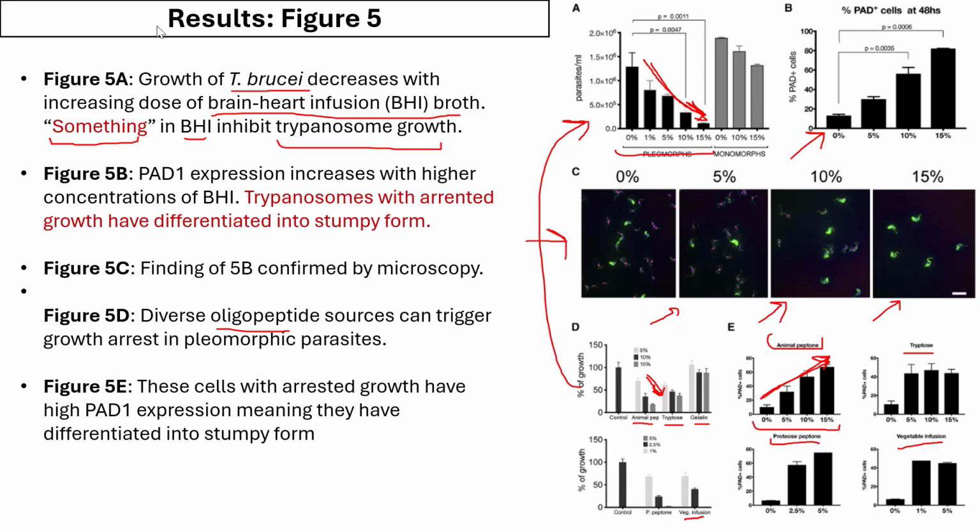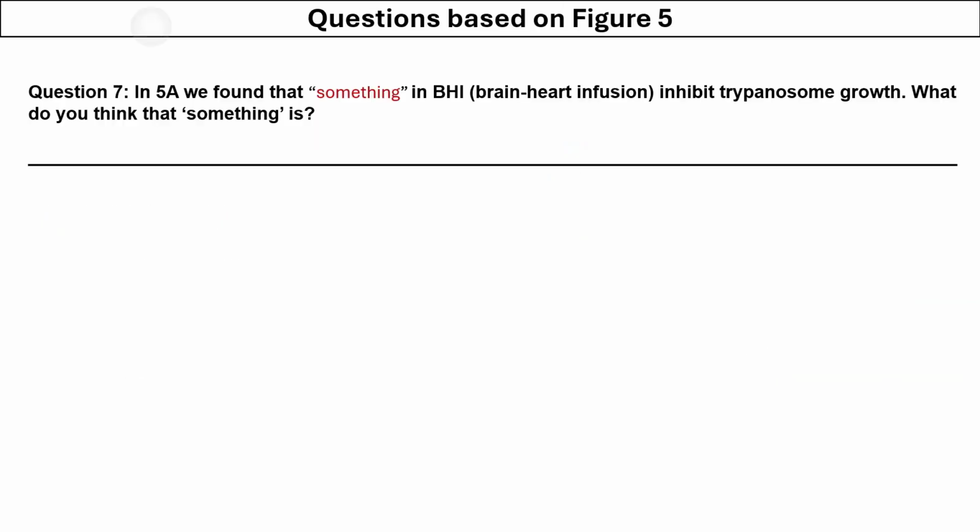So you have two kinds of confirmations that when trypanosomes are treated with oligopeptides, they become short stumpy. One, they start expressing PAD1 protein, and two, their growth is reduced. Because generally the trypanosomes get stuck in G1 phase when they become differentiated into stumpy form, and we know that piece of information already. So here is one question for you to guess.